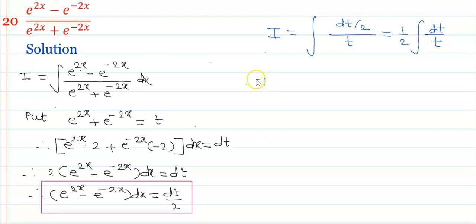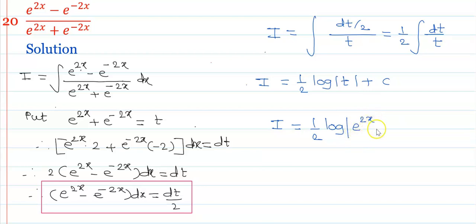Hence I is equal to 1 upon 2 log of mod t plus c. Therefore, I is equal to 1 upon 2 log of mod of, what's the value of t, e raised to 2x plus e raised to minus 2x, mod complete, plus c. The answer.